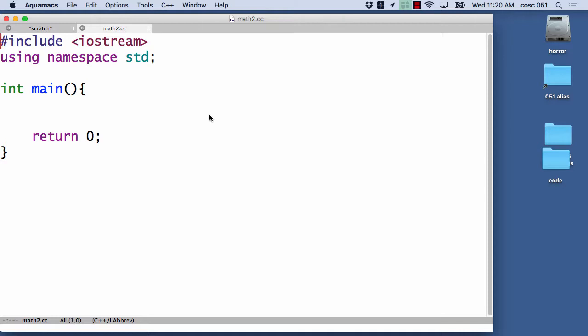All right, so let's talk about some math. Last time we started on math, we got through addition, subtraction, multiplication, and division. And when we got to division, we talked about the different types of divisions we had. What type of division gives you floating point output?